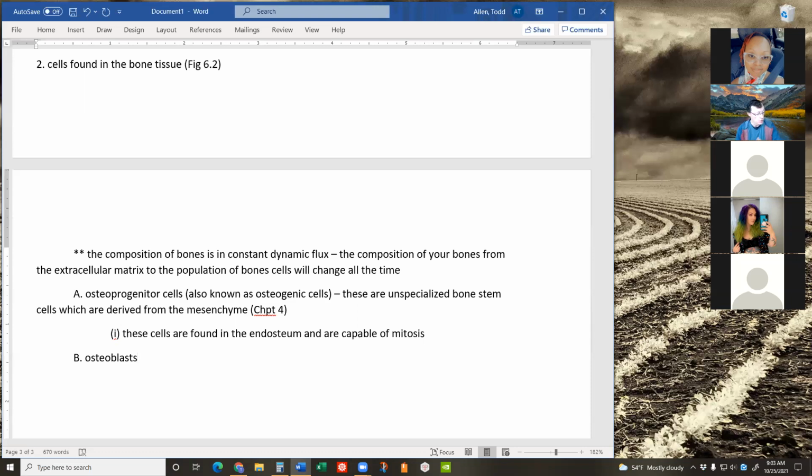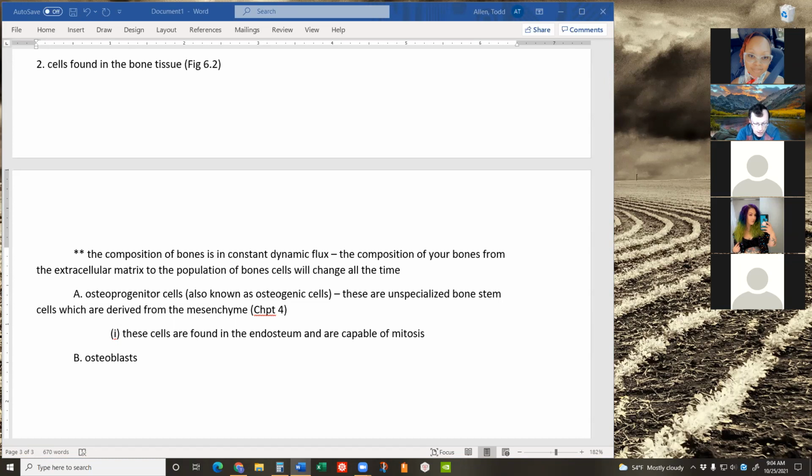Okay. You notice if you look carefully at figure 6.2, I'm going to ask you a question in the chat window here. In figure 6.2, what 4 words are above the drawing of an osteoblast?